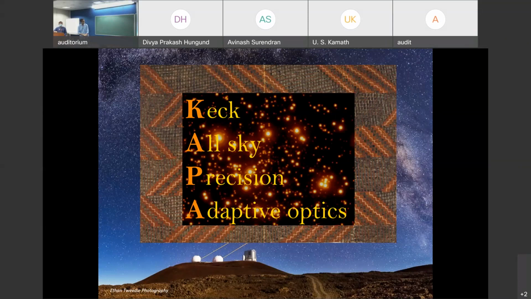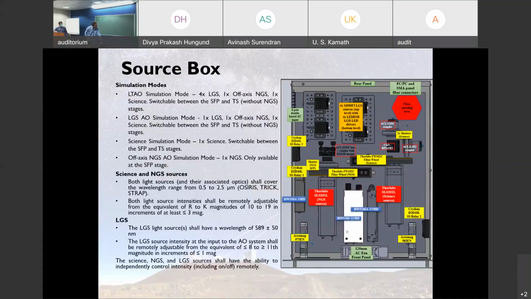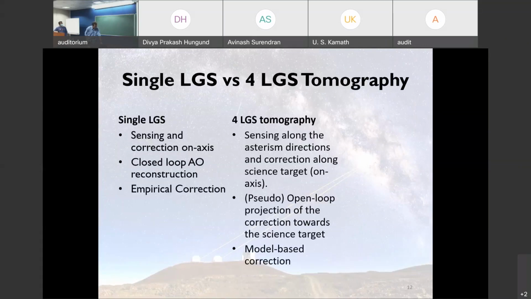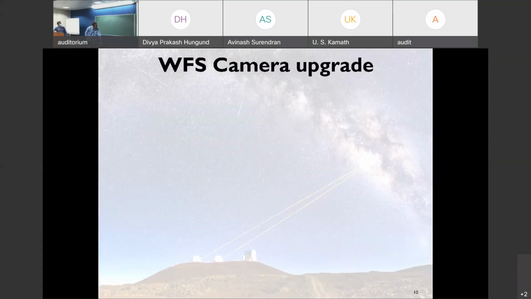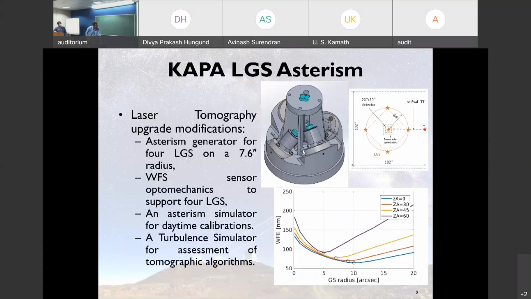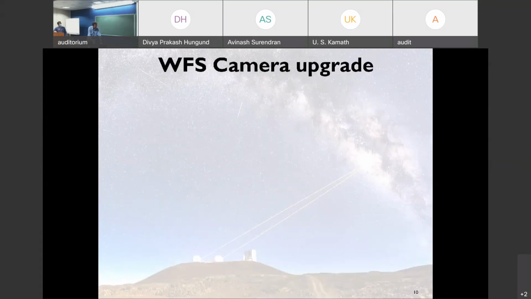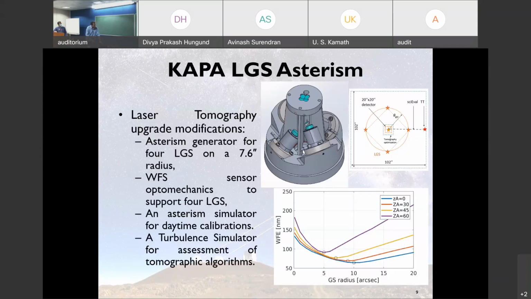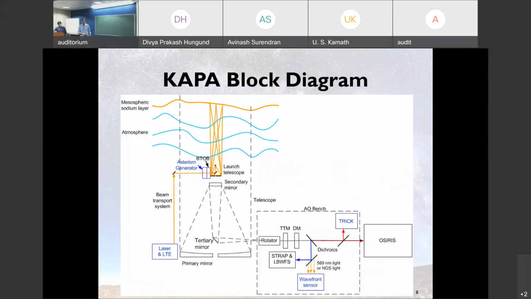No. So we use a separate one. That's the one I showed. In addition to the infrared, we have a visible one also. If you're using natural guide star AO, you use the tip tilt information from the natural guide star itself.